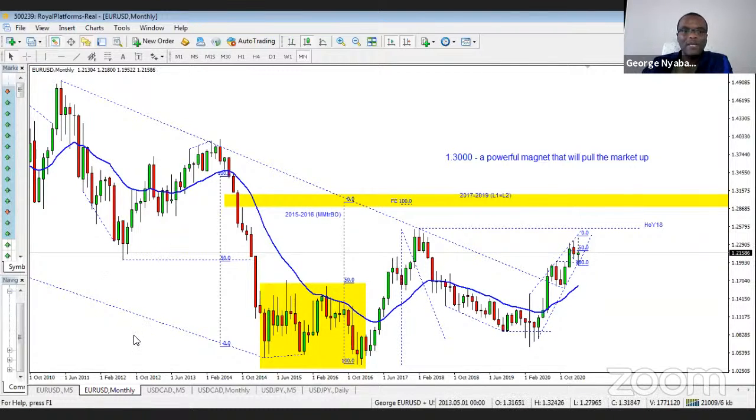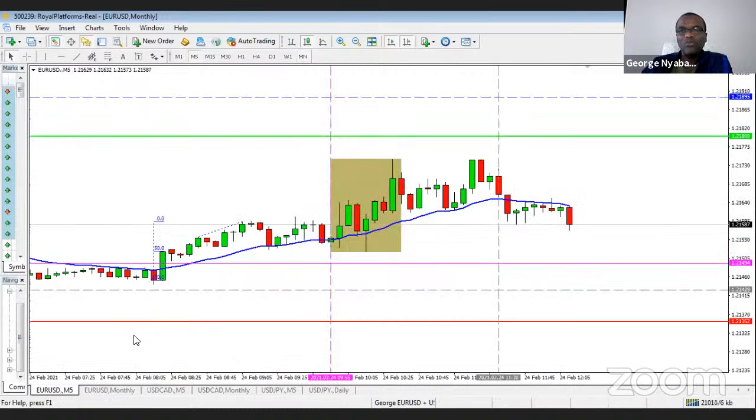Now, I just want to jump down to the 5-minute time frame on the euro. I'll come back and look at the higher level analysis because we also live in the market. A couple of things you will become familiar with: always mark the beginning of any trading session.